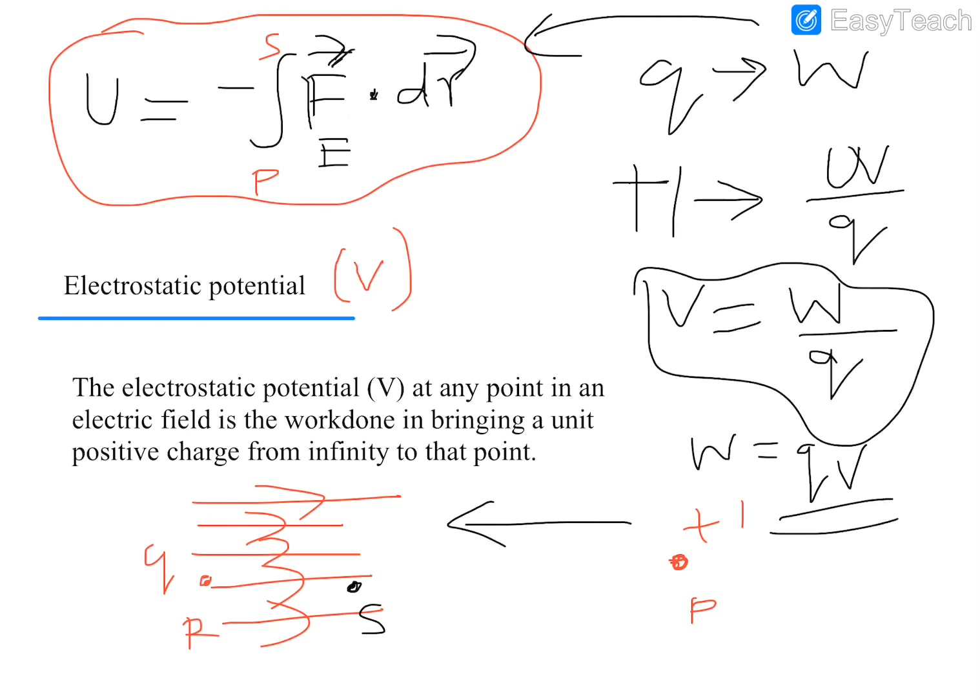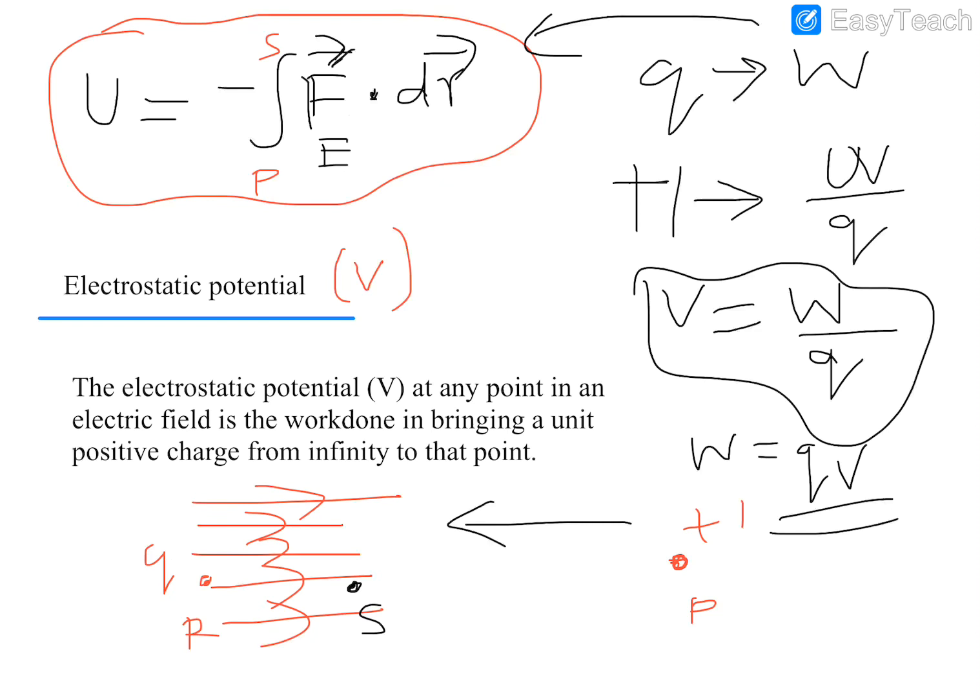Instead of Q charge, if you are bringing a plus 1 charge only, then the related work done is said to be electrostatic potential. So in such cases, instead of electrostatic potential energy, you will use the term electrostatic potential. So that is the only difference between electrostatic potential energy and electrostatic potential.